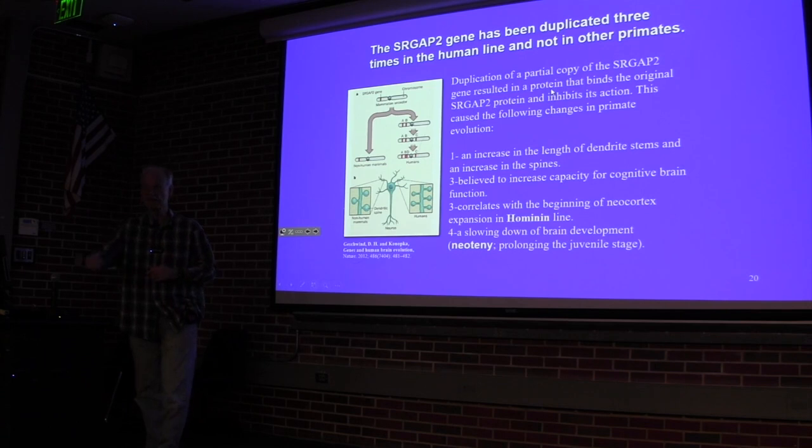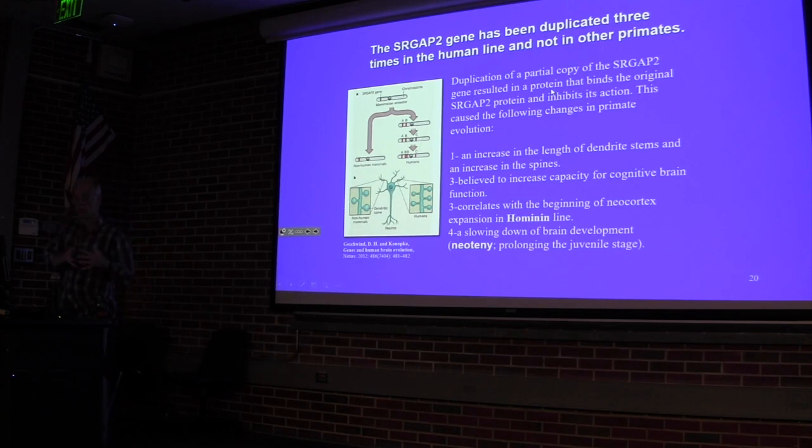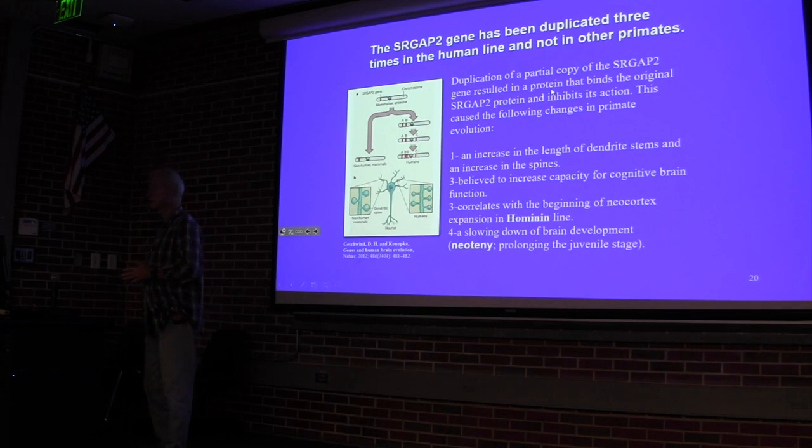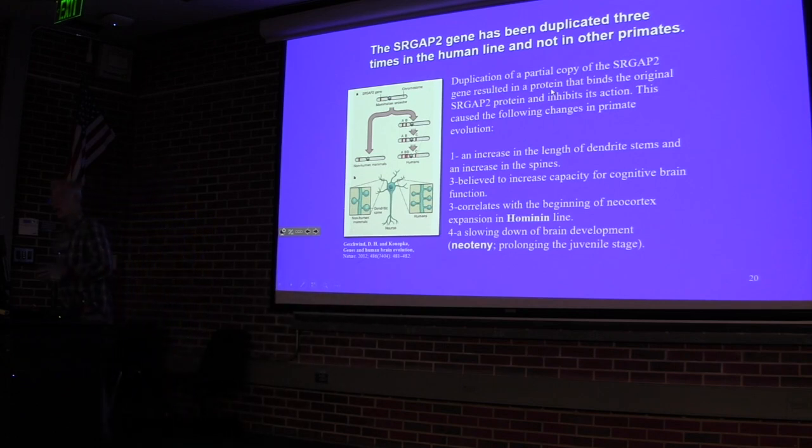Well, we have selected those same traits in us in the process called neoteny, prolonging the juvenile stage. It has allowed us to be flexible in our learning over many years of our lifespan, and that in turn has enabled us to develop higher levels of culture. So that's what we think is going on with the SRGAP2 duplication.